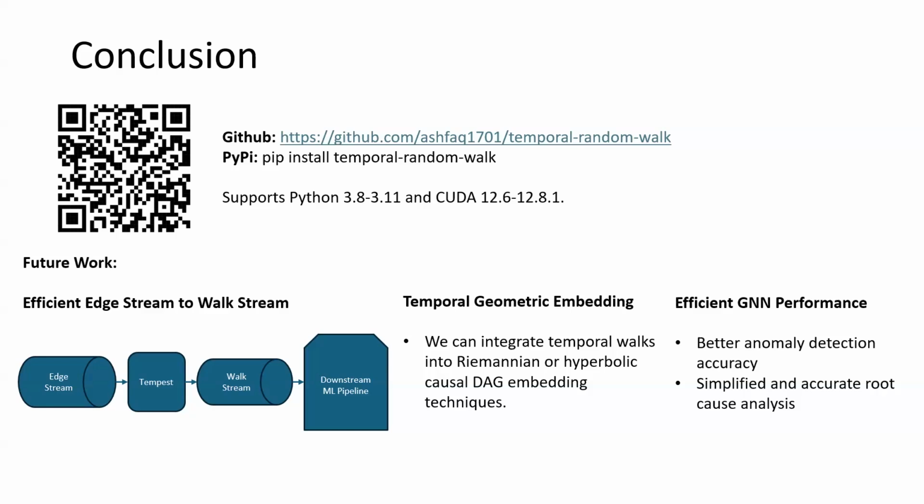While we believe that if some embedding technique holds causality inside itself, probably we can detect the root causes directly in the latent space. We don't have to do any more processing. But for that, we need to make the Riemannian manifold or such geometric embeddings scalable and generalizable for all kinds of temporal graphs. So I think this library will bridge the gap.